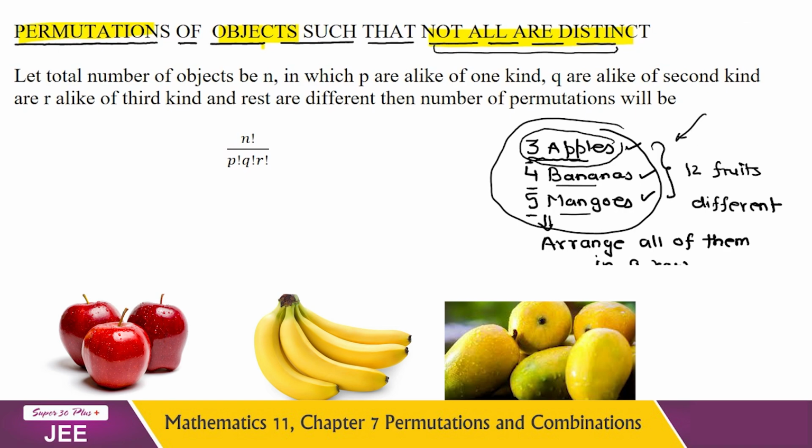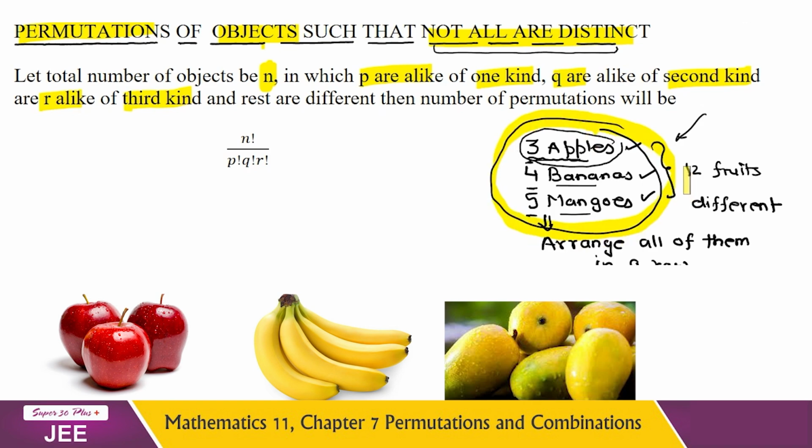Alright, let's study. Consider we have a total number of objects equal to n. Now out of these n objects, p are alike of one kind, q are alike of the second kind and r are alike of the third kind. This is similar to the example I have taken over here.